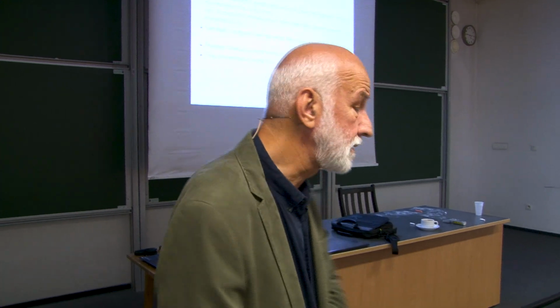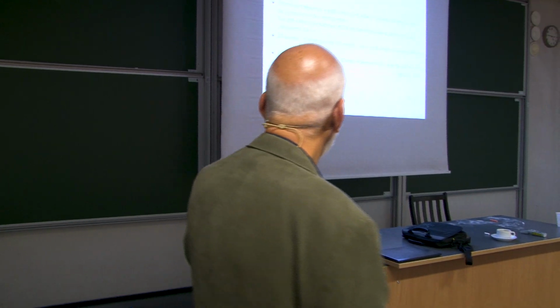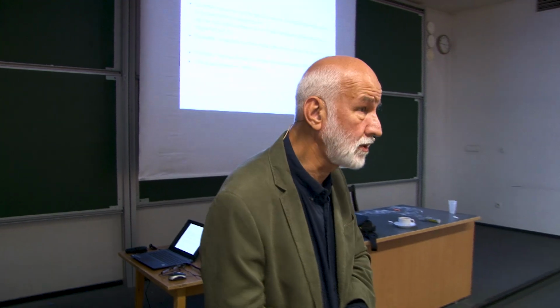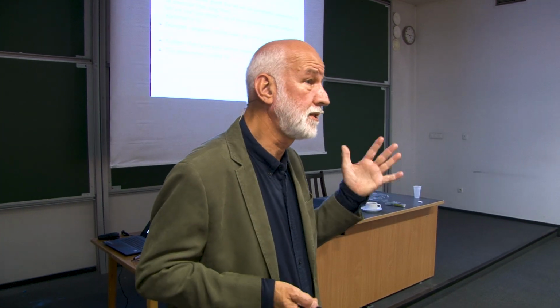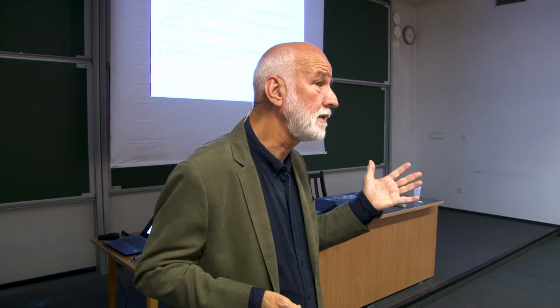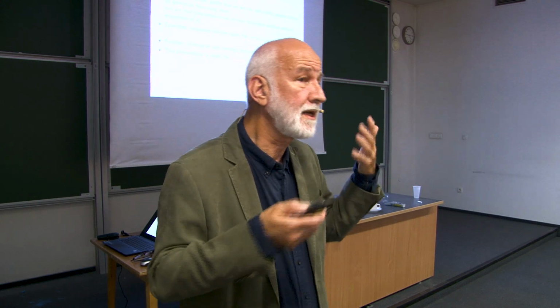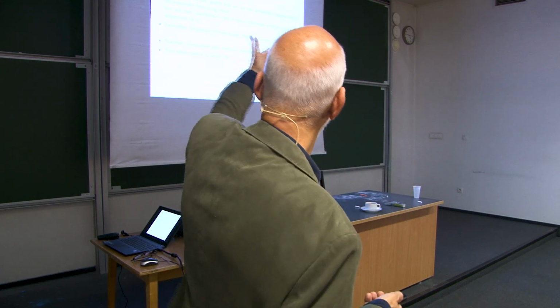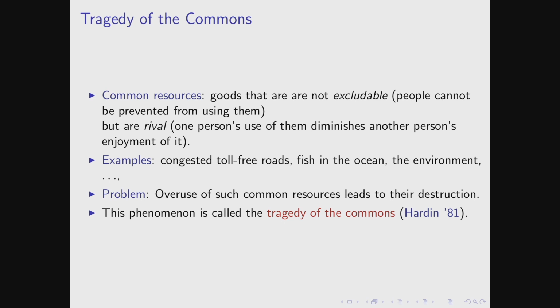And there is a concept which in economics people call common resources. We know what it is informally, but they even have a kind of definition, which is here. These are goods, so products, which are not excludable, everybody has access to them, and are rival. So if one person uses it, the other one is worse off. Example, highway.